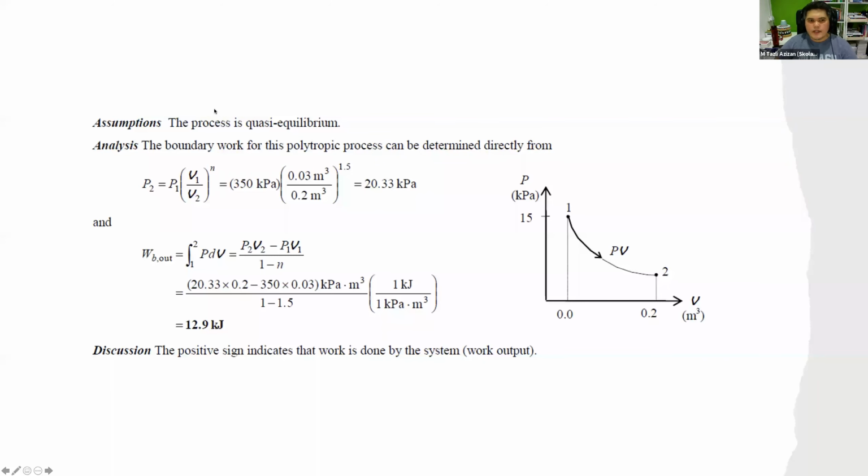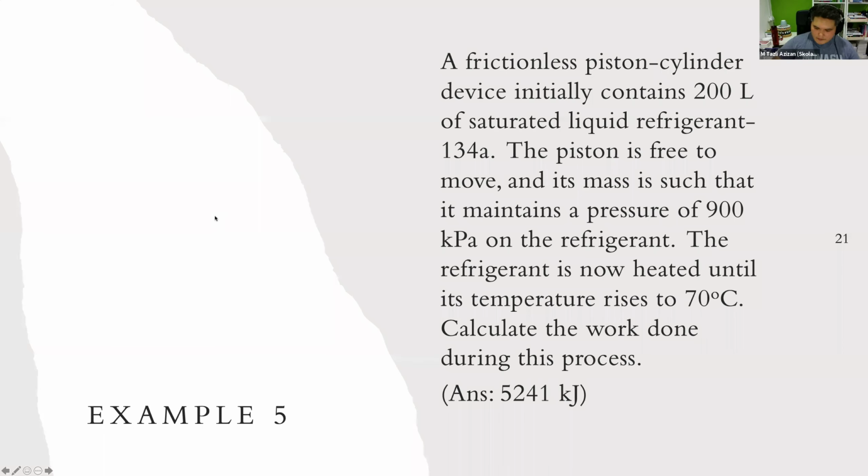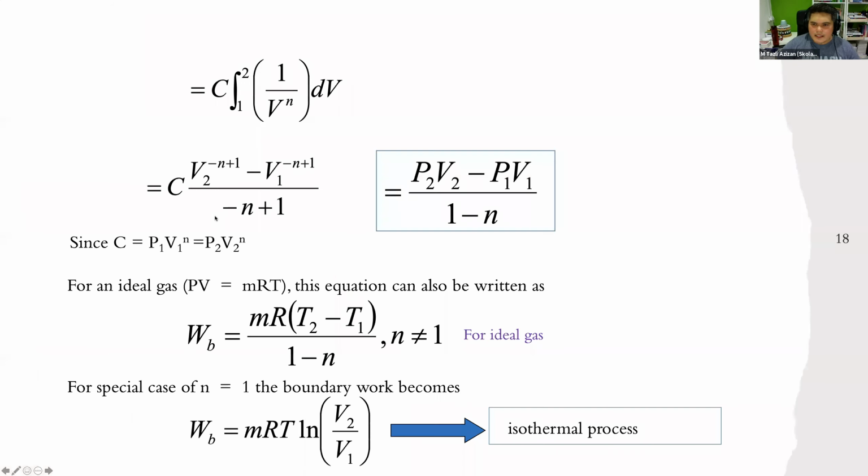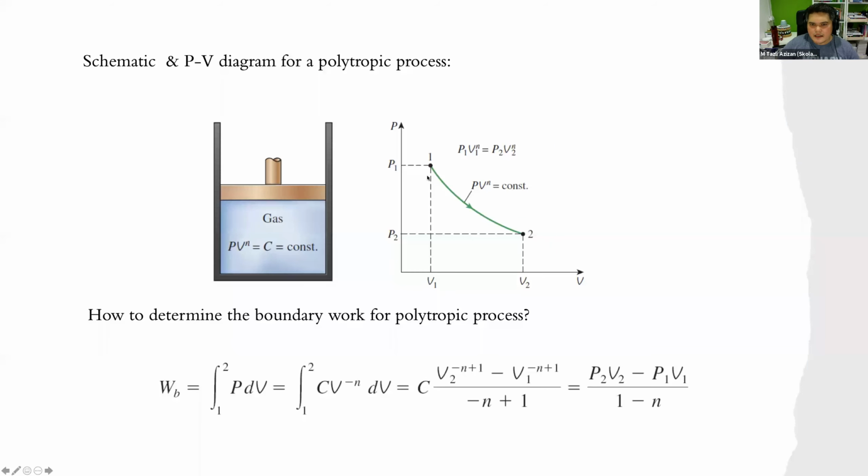So again, when we put the assumption, this is a quasi-equilibrium process, right? And we know that, looking at the example just now, P1 V1 to the power of n is equal to P2 V2 to the power of n.